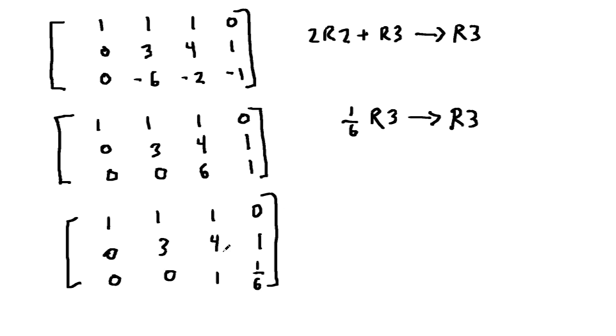Let's look at the second row. Look at the coefficient 3. We want that to be 1. So let's divide the second row by 3. That'll be our new second row.